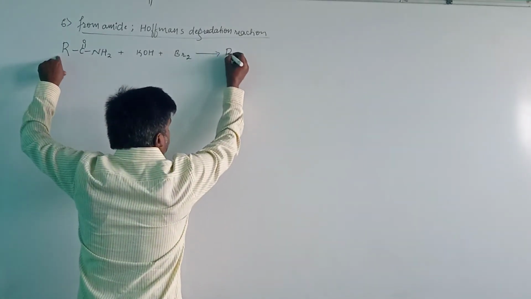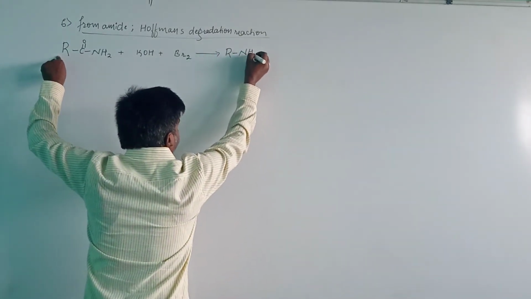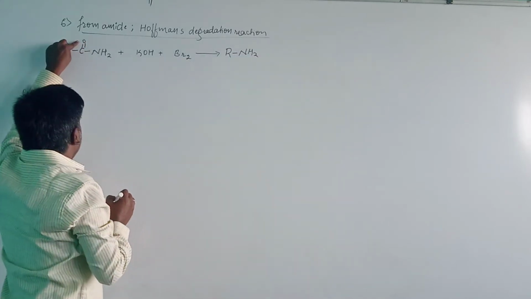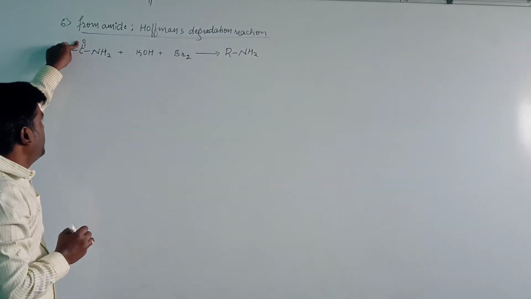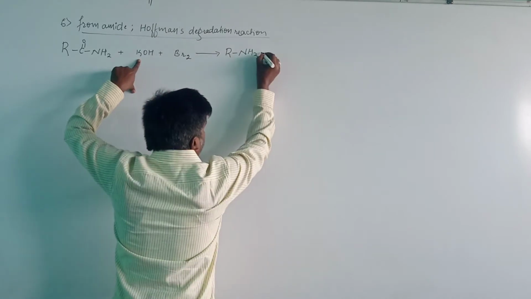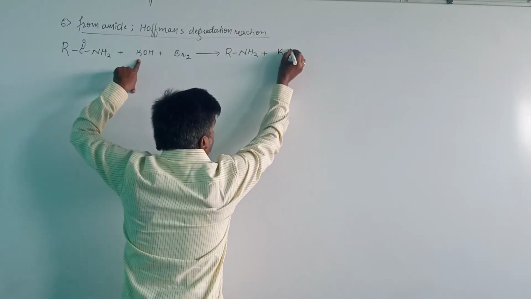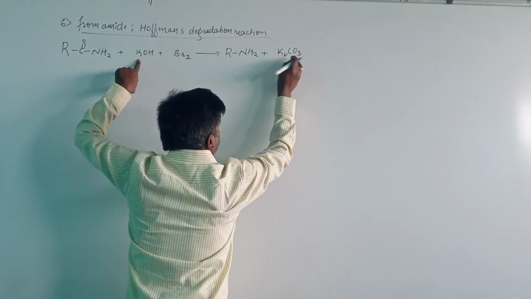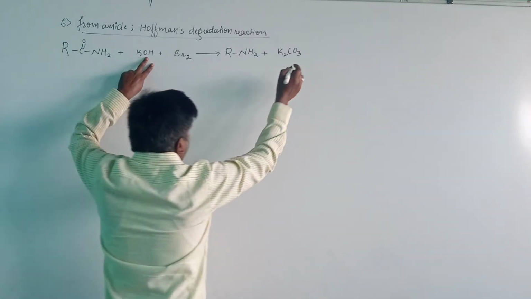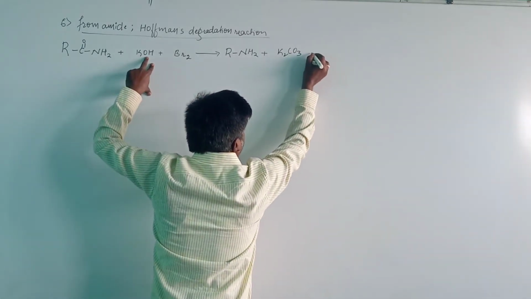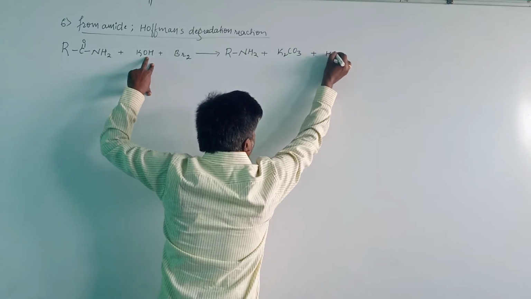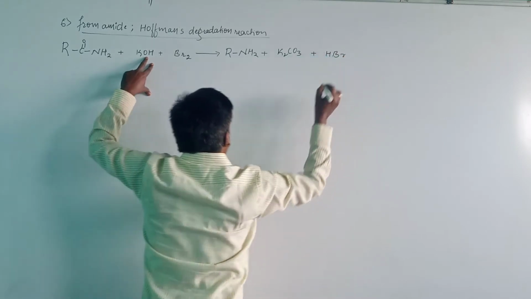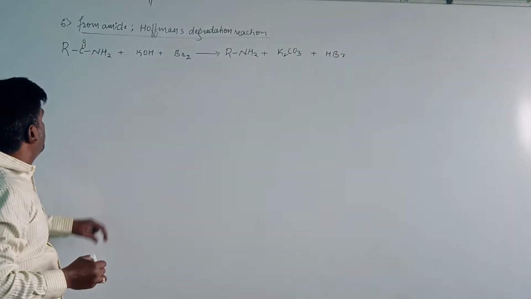So RNH2 here, and this CO group will get converted to the carbonate, that is K2CO3, potassium carbonate here. Another product is hydrogen bromide, which will be formed.